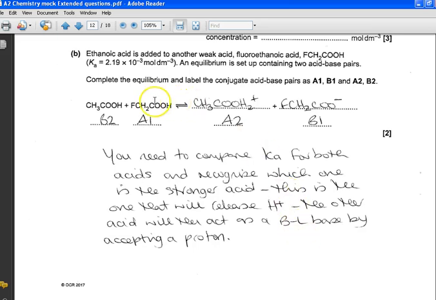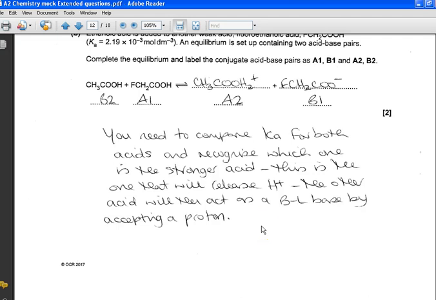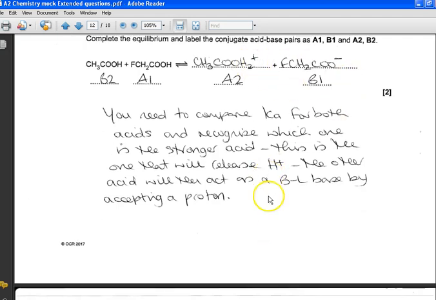Okay, so this is the stronger acid, so this is the acid, this is the conjugate base. This is acid number 2, obviously, which is going to release the hydrogen ions, got one spare, and this is acting as a base. Okay, but it is a little bit harder than probably any examples we've done, in the sense that you needed to work out from your Ka values.